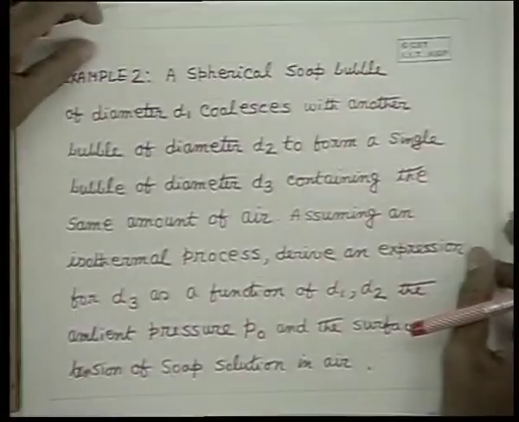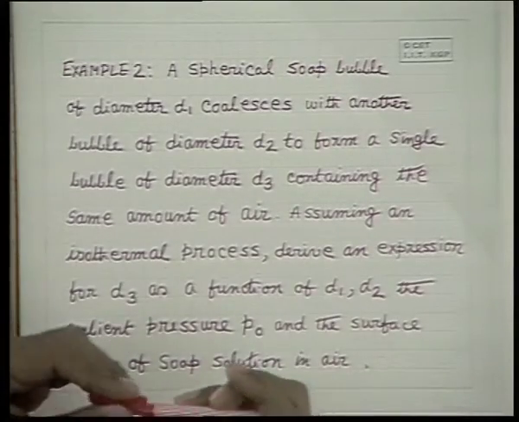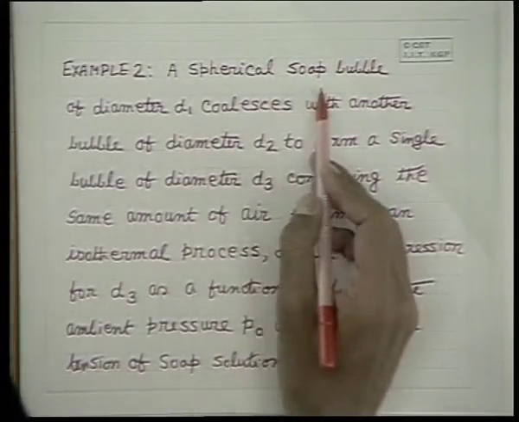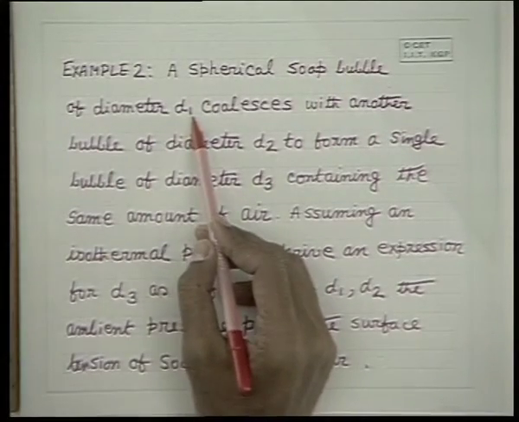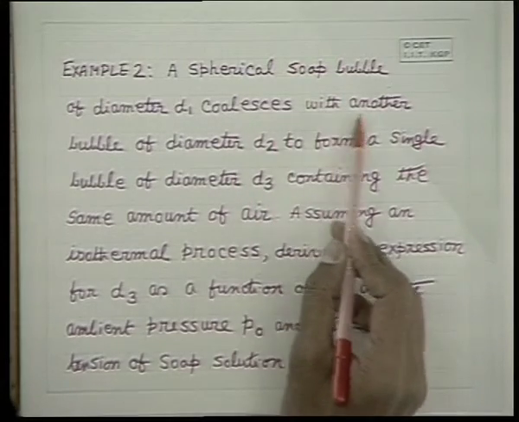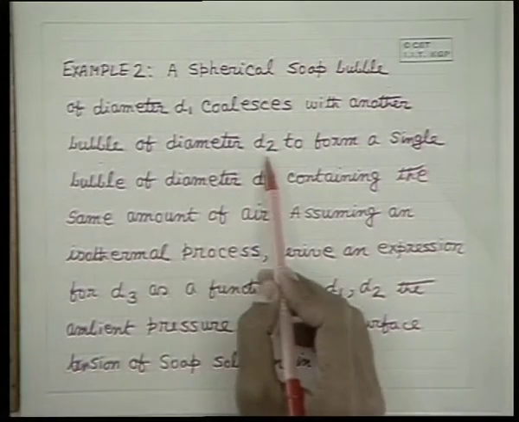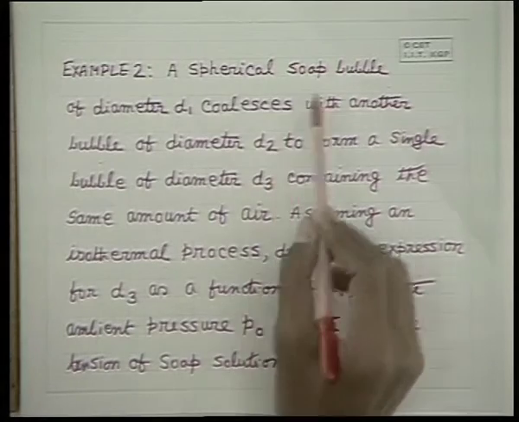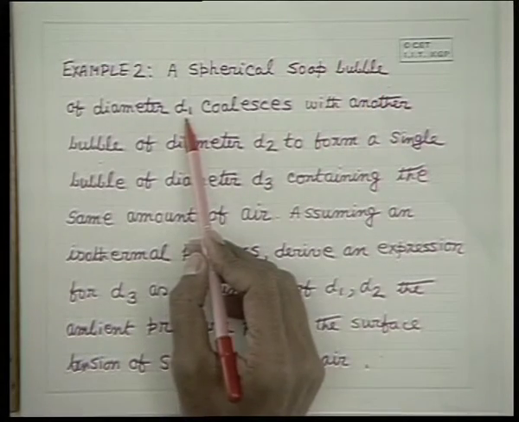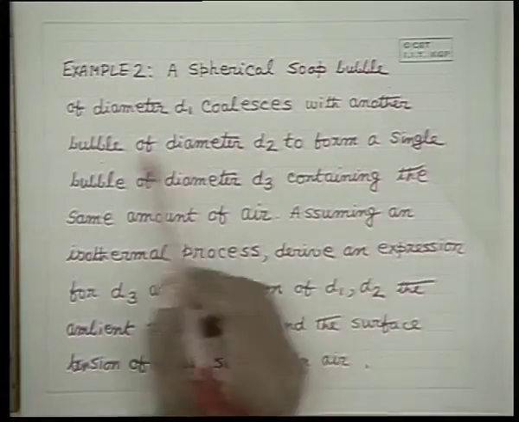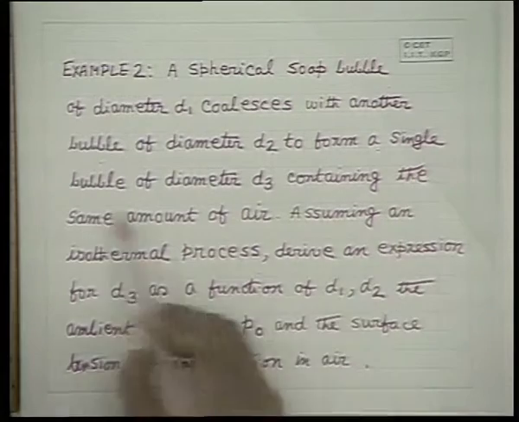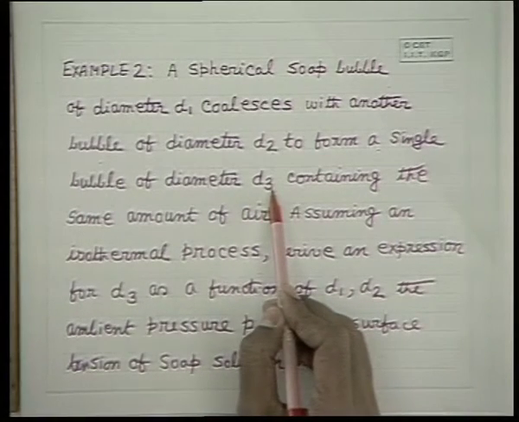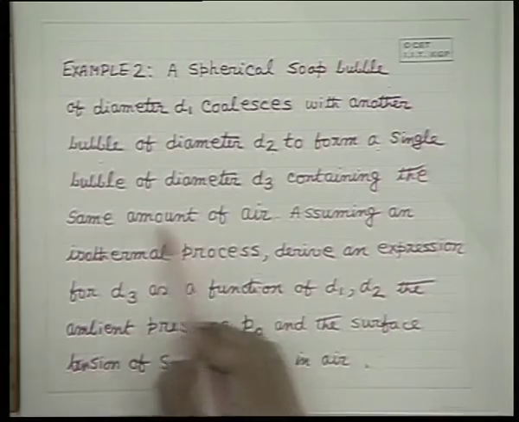Another problem which is a little tougher. Example 2: a spherical soap bubble of diameter d1 coalesces with another bubble of diameter d2 to form a single bubble of diameter d3, containing the same amount of air.